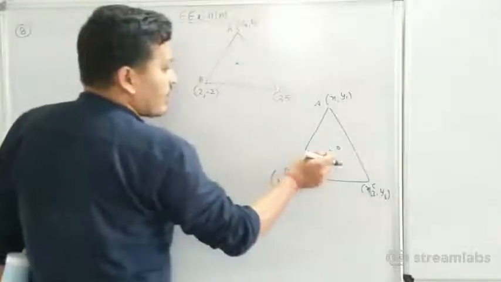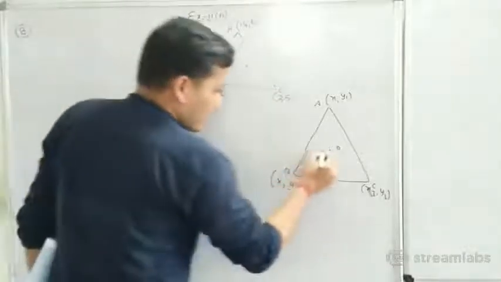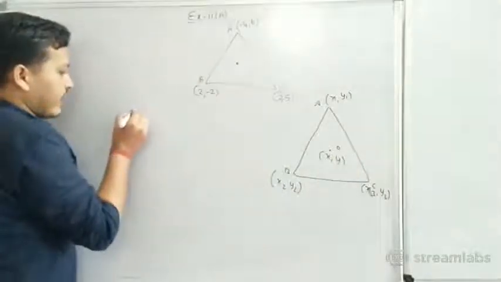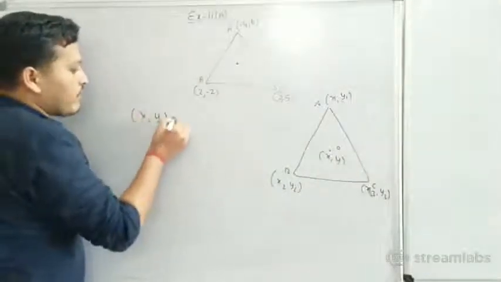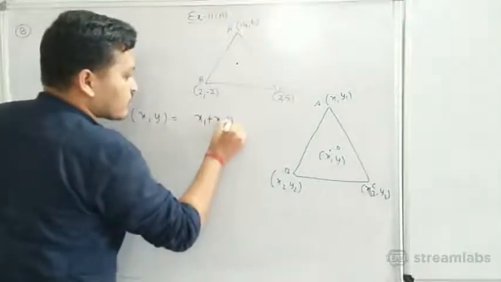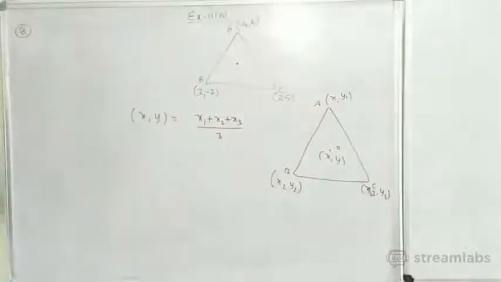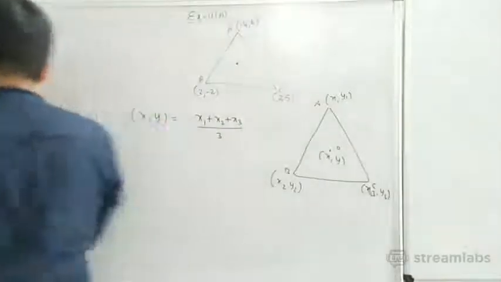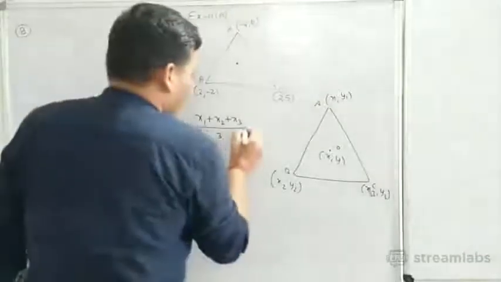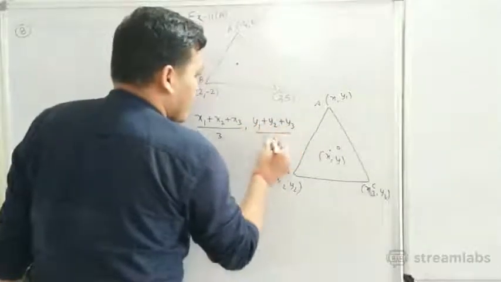So how can you calculate the coordinate of this centroid? Let the coordinate of the centroid be x comma y. The value of x is x1 plus x2 plus x3 divided by 3, and for y it is y1 plus y2 plus y3 divided by 3.